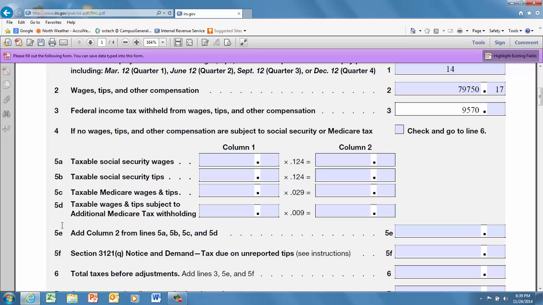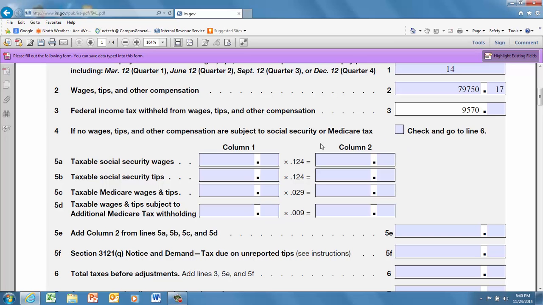5A, B, C, D, and E, and F is all related to Social Security and Medicare. Column 1 says how much was the total taxable wages that were subject to Social Security.